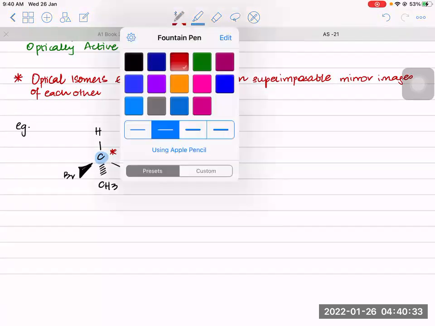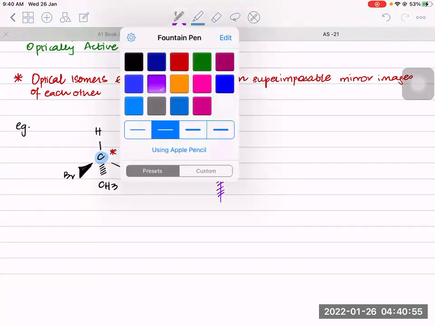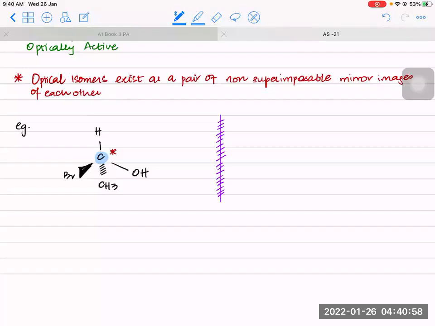Now, how do you show the mirror image? Let's see. So there will be a mirror image of this one. All you have to do is, once you've made one of the isomers, which is the one that I've drawn in black, the other isomer will be a mirror image, which you show by just flipping or switching the position of these 2. All you got to do is switch the position of the OH and the Br, the 2 corner atoms or groups.